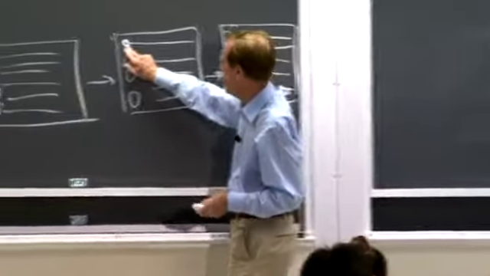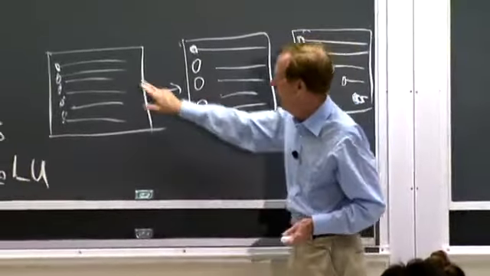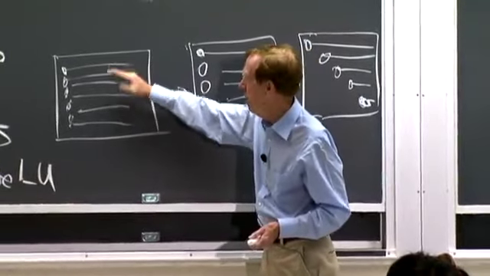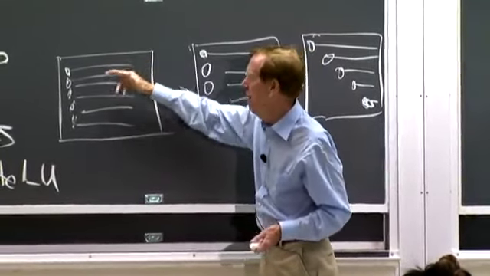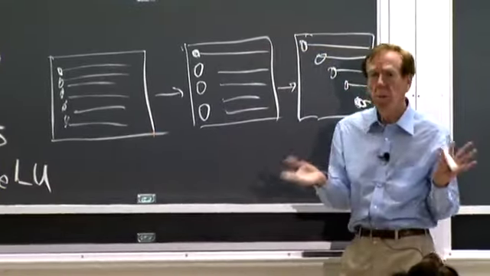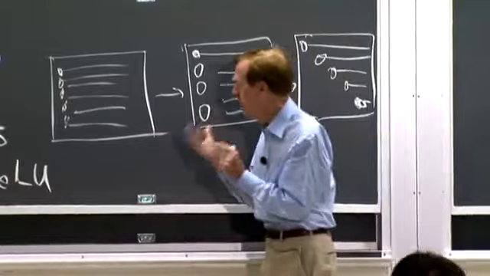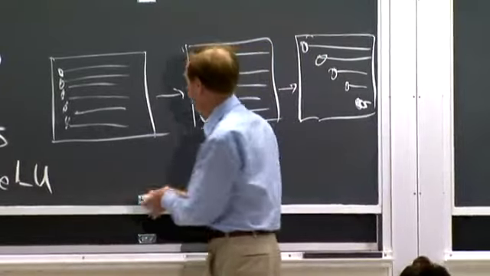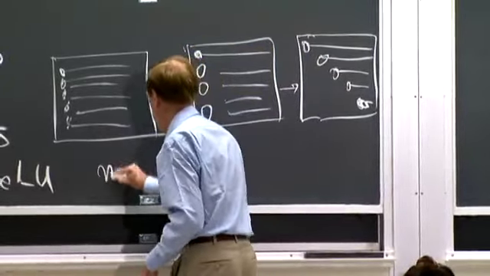If this is the biggest number, then all the multiples of that row that you want to subtract from the other rows will be less than 1. The multiple is always the multiplier.